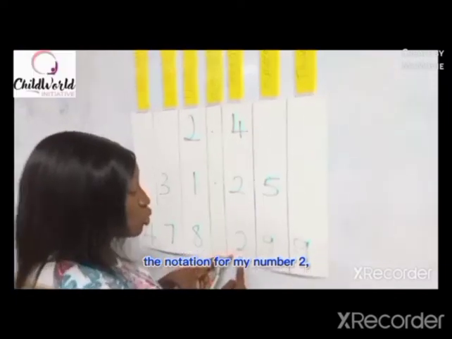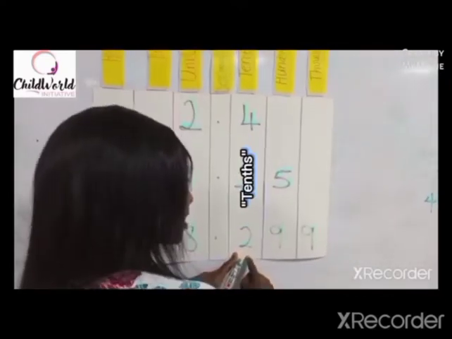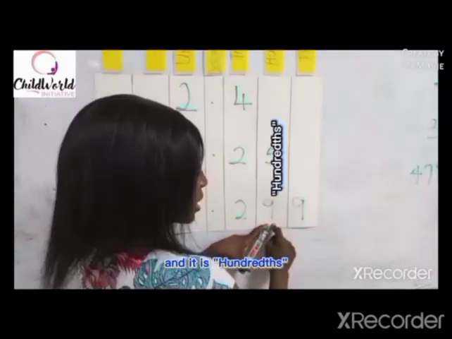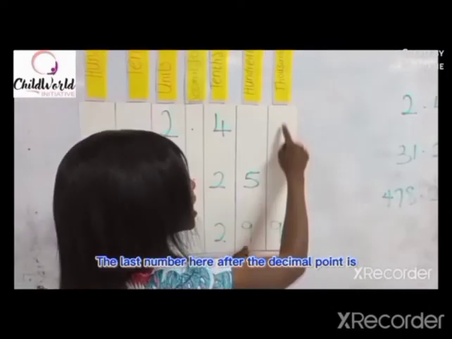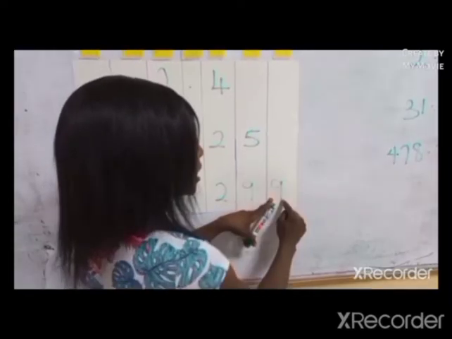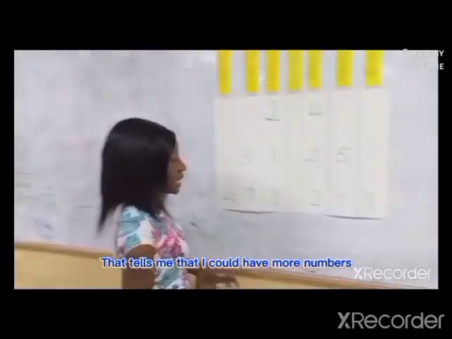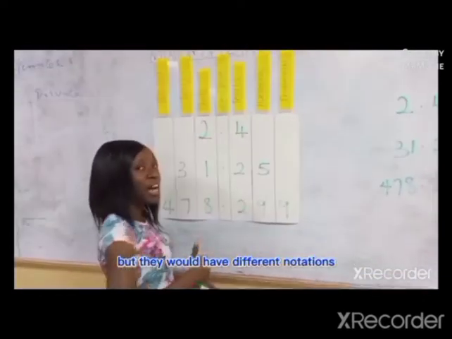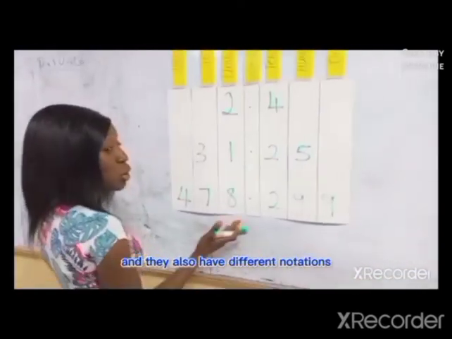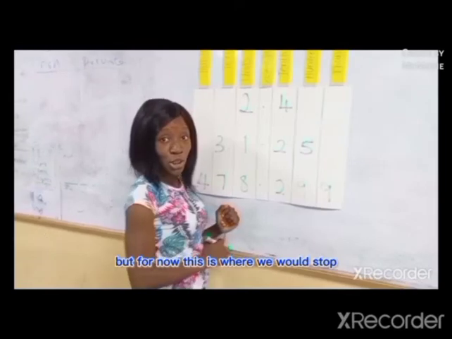The notation for my number 2, the first number immediately after the decimal point, is tenths. The second number after the decimal point is 9, and it is hundredths. The last number here after the decimal point is thousandths, which is the third number. That tells me that I could have more numbers, but they would have different notation. And I could also have more numbers on my left, and they also have different notation. But for now, this is where we would stop.